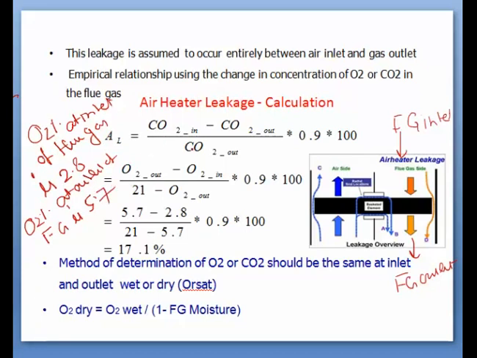By this empirical formula, definitely the percentage of oxygen at outlet will be more because air is short circuiting and directly going to the flue gas, or it is mixing with the flue gas. So by this relation, 5.7 minus 2.8 divided by 21 minus 5.7 into 0.9 into 100 will give you the air leakage percentage as 70.1%.